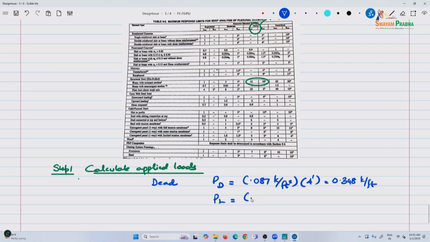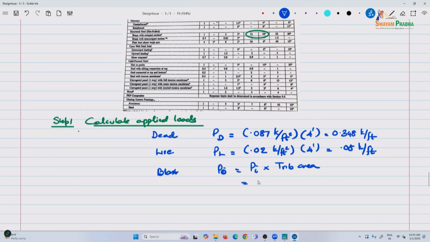PL is 0.02, again tributary width 4 feet, and so this is live. And finally, the blast is PI, P naught is PI multiplied by the tributary area.